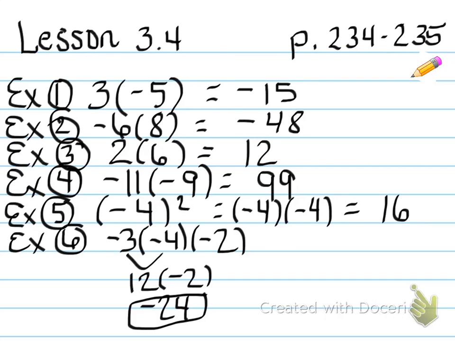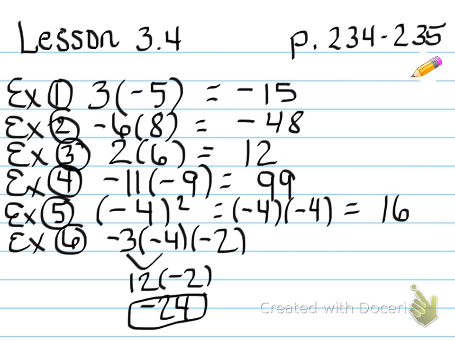So you can see 3 times negative 5, the answer is negative 15. Negative 6 times 8 is negative 48. 2 times 6, positives, positive answer. Even though in example 4, both of these are negative numbers, the answer is a positive answer. 2 negatives, same symbol, have a positive answer.